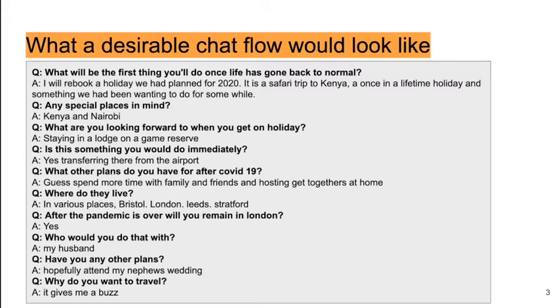We asked people, who have a clear intention, what's the first thing you'll do when the pandemic is over, when life goes back to normal? An interview would then ideally look like this. What would be the first thing you'll do? The interviewee, indicated with an A for answer, says, I'll rebook a holiday we had planned for 2020. Then a follow-up question: any special places in mind? Kenya and Nairobi. What are you looking forward to when you get on holiday, etc.? So this is the kind of thing we would look for to realize in an automated manner.